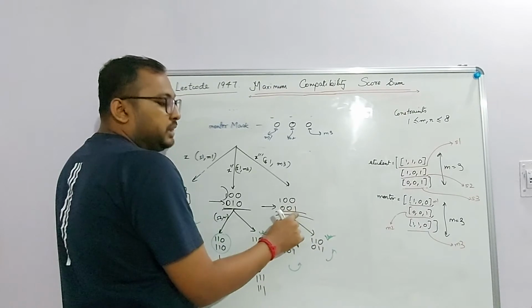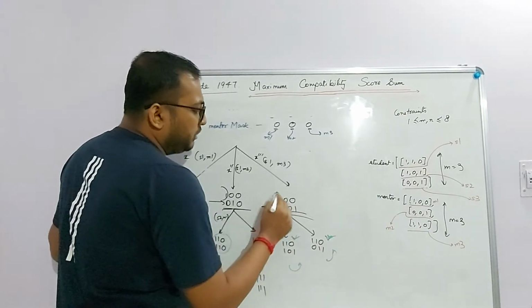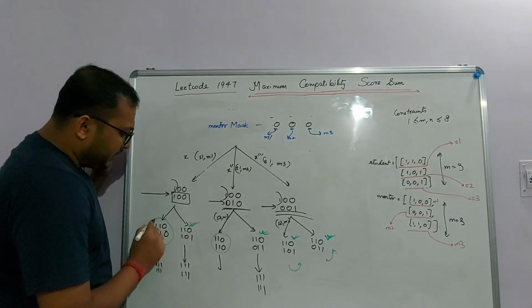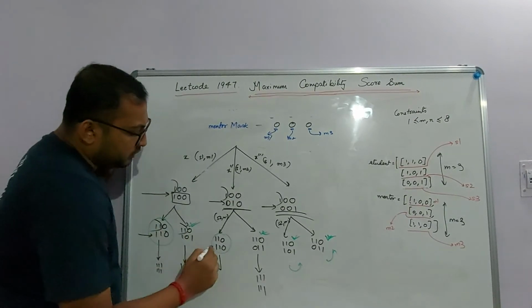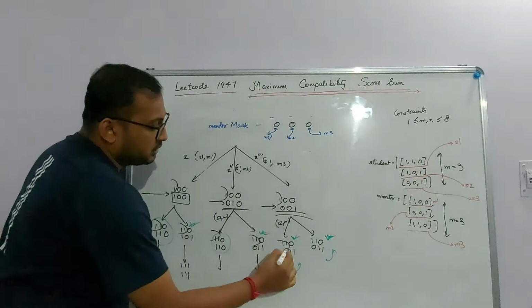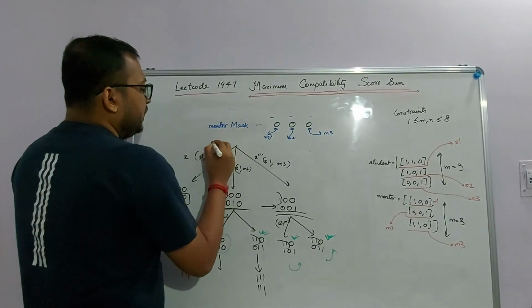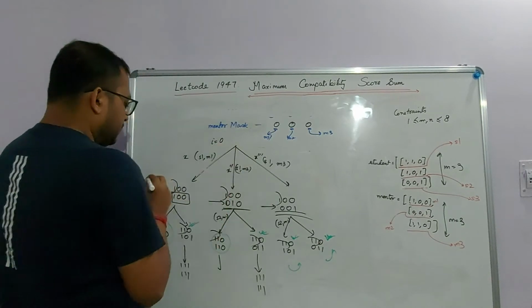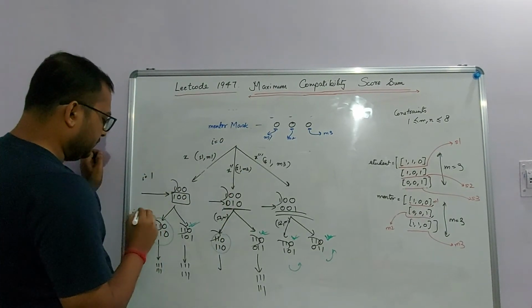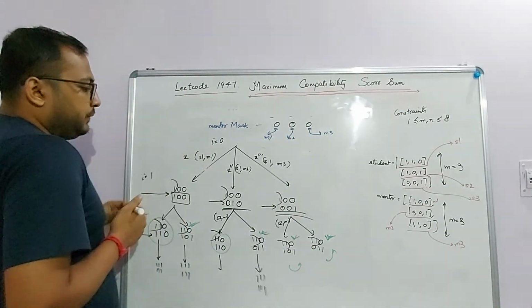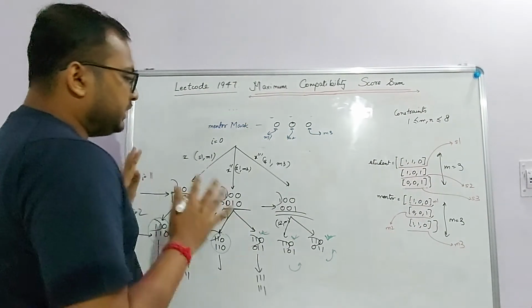If two bits are set, I equals 2. So I can ignore the student mask and just take the mentor mask, and set this as I is 0, this as I is 1, this as I is 2, and that's all. So that's all I can say for this recursive structure.